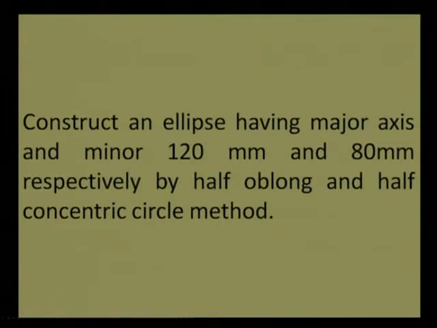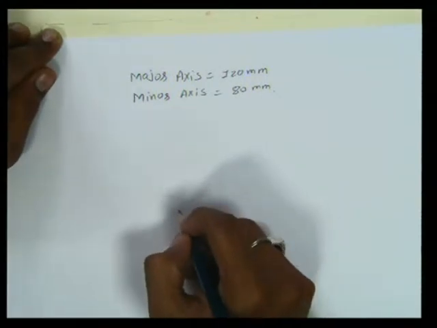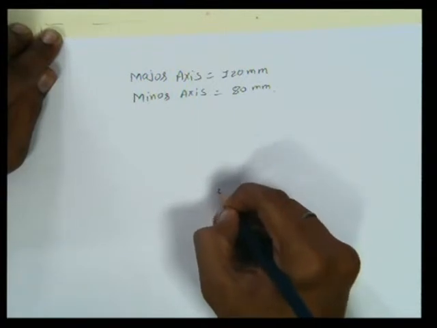First of all, let's write down the given data. The major axis is 120 mm and the minor axis is 80 mm.